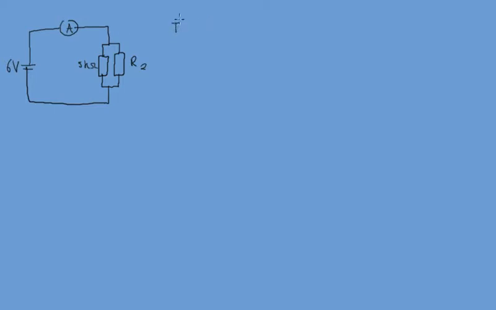The total resistance RT is equal to 3.3 kilo ohms. Find R2 and the current in this resistor.